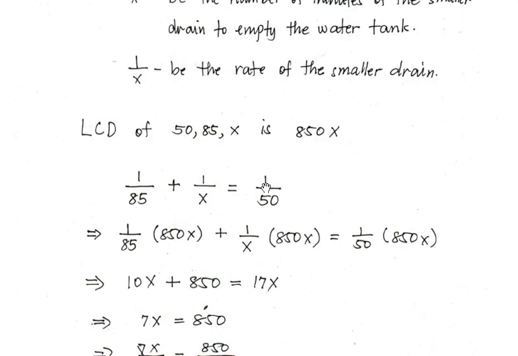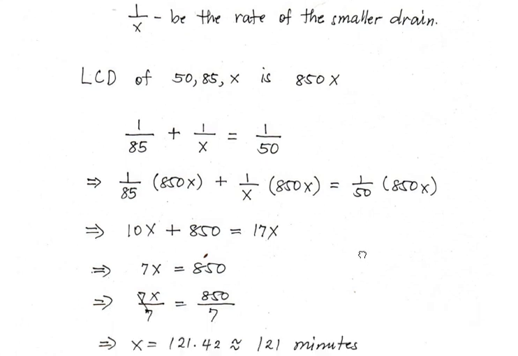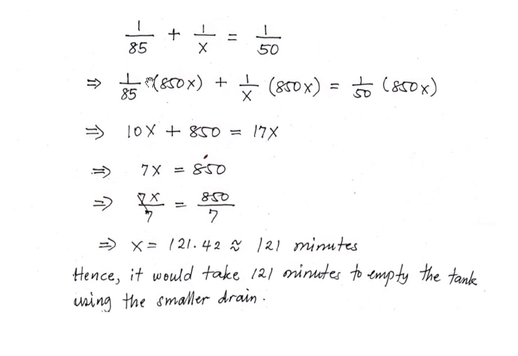Then we have to multiply both sides of this rational equation by the LCD. Doing that, we have 1 over 85 times 850x plus 1 over x times 850x is equal to 1 over 50 times 850x. This becomes 10x.